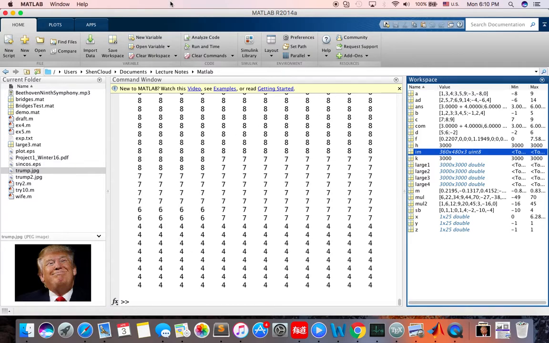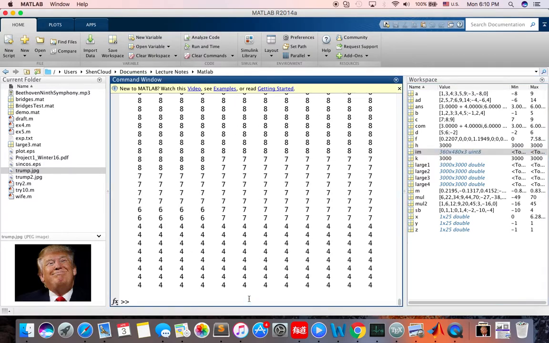So you can use some operations on it. For example, we want to transform the color image into a grayscale one. So you can say image2 equals, for example, 0.1 times the first layer plus 0.7 times the green layer, and plus 0.2 times the blue layer.